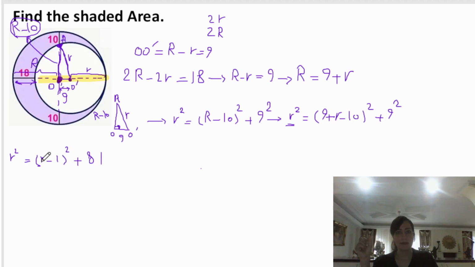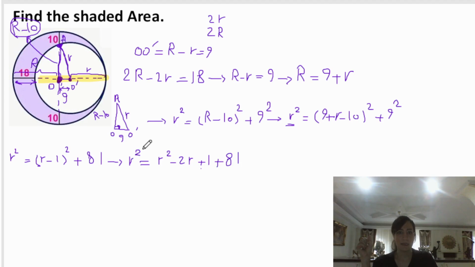I expand the parentheses, so r squared equals r squared minus 2r plus 1 plus 81.